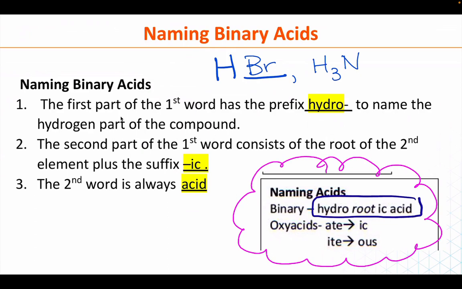If I were to name HCl, it's going to be hydro, and then I take the root of that element, chlorine, so chlor, and then ic, acid. This part corresponds to the nonmetal anion.